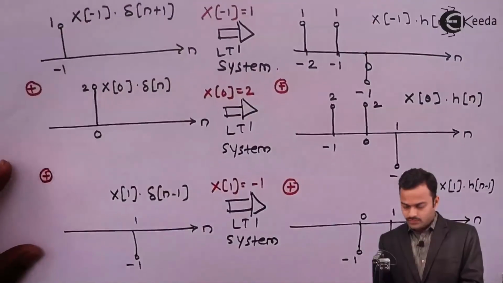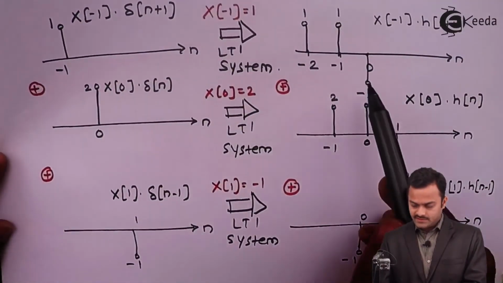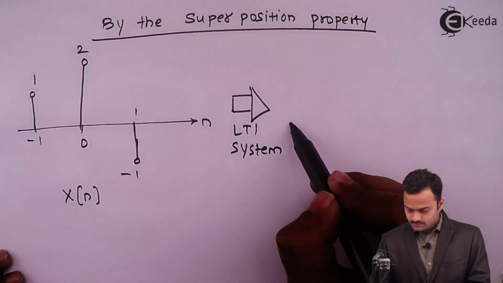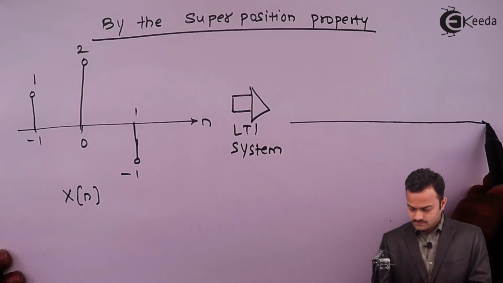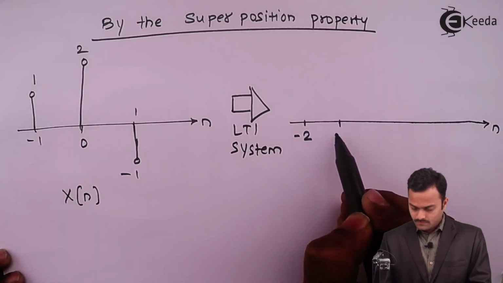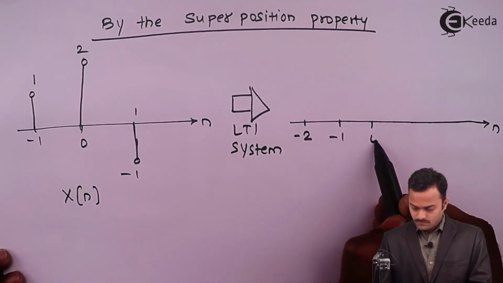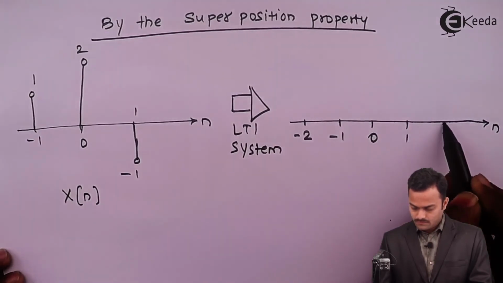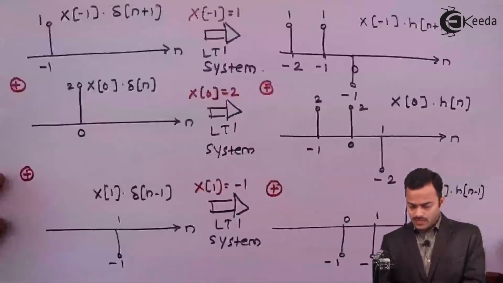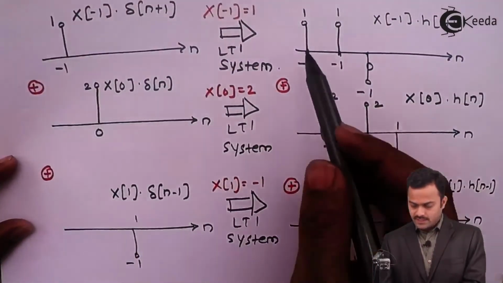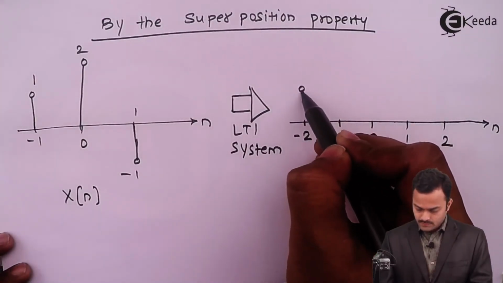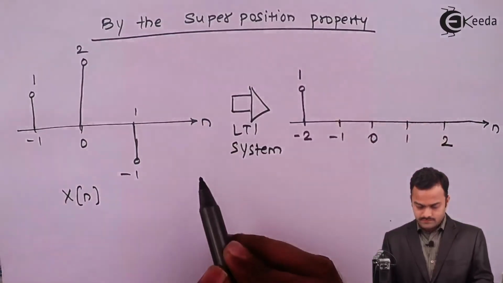So for doing addition, I will get the instants from -2 to 2. At the instant -2, I'm having only one signal present, that is 1. So for -2, this will be 1.